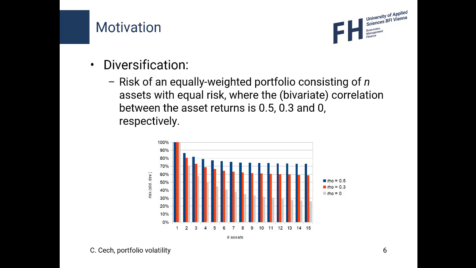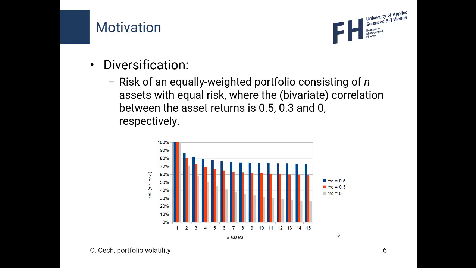They all have the same risk and they have different correlations that we assume. In the one example, we assume correlations of 50% between each of the assets. In the second example, we consider a correlation of 30%, and we also look at what happens if there is a correlation of 0.